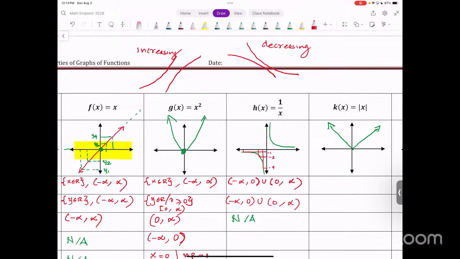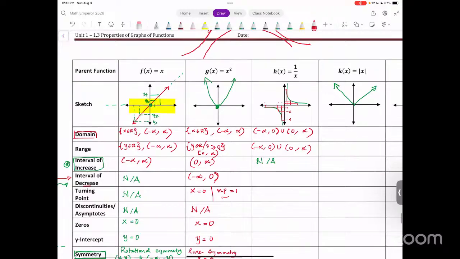So when I go from left to right, you see that the corresponding y values are decreasing. Similarly, if I do it the other way around, this is my first y value, that's my second y value, that's my third y value. When I go from left to right, we can see that y values are decreasing. So there is no interval of increasing, but there's an interval of decreasing.